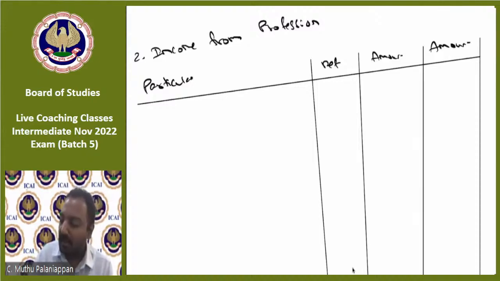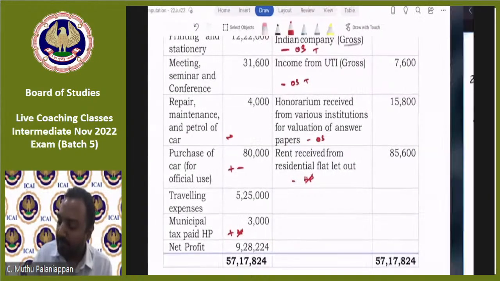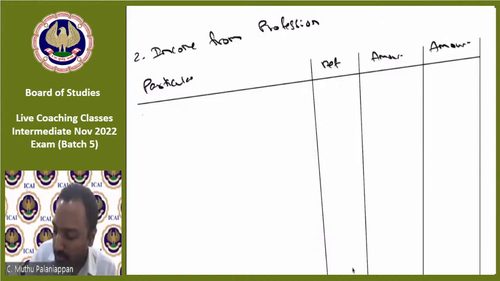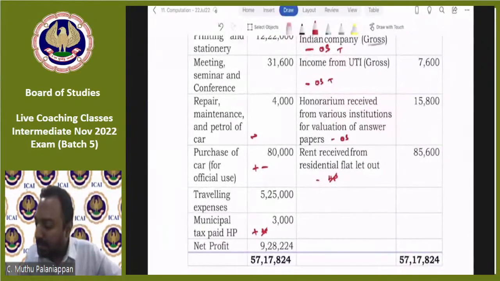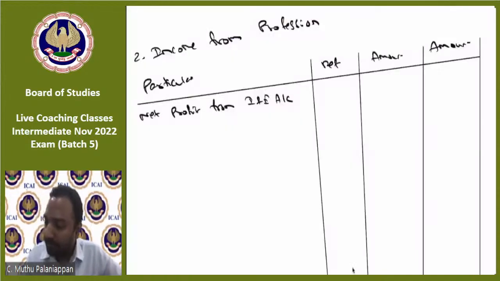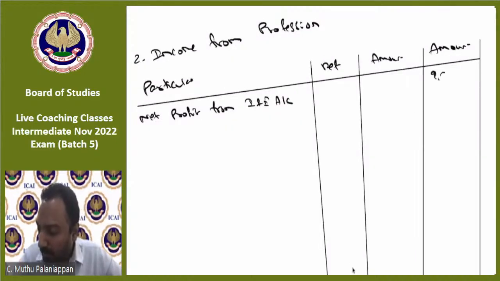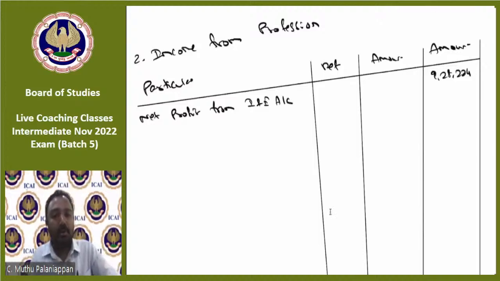So it's basically net profit from income and expenditure account. So you use the word net profit. Net profit from income and expenditure account. How much is that? It is 928,224.